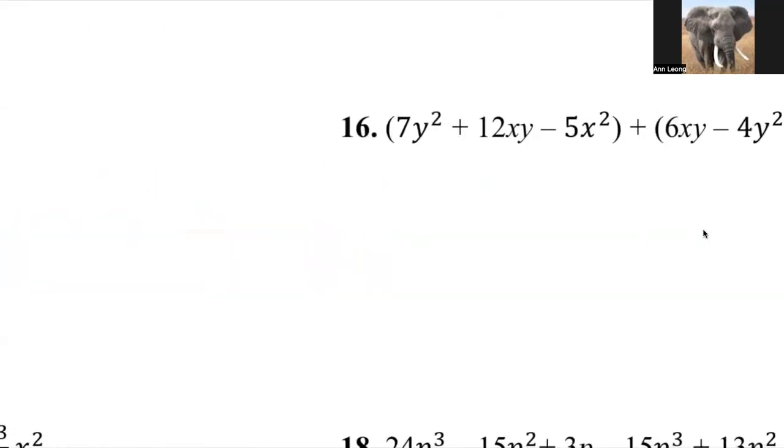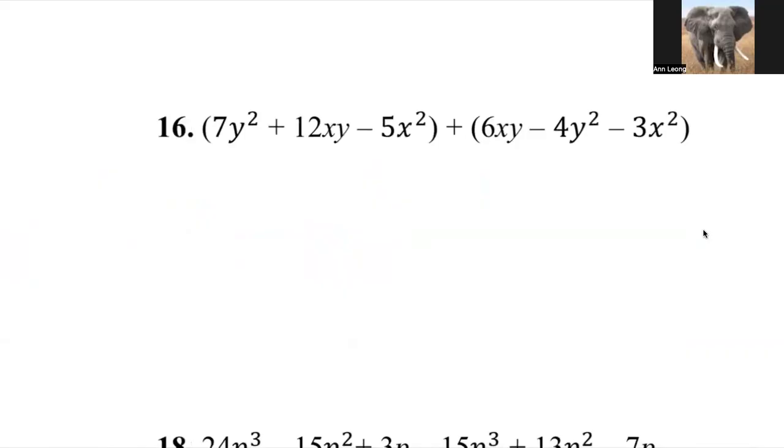All right, number 16. This is plus, so I don't have to worry so much about careless mistakes, but I can combine some like terms here. I got my y squared term, so that's 3y squared.